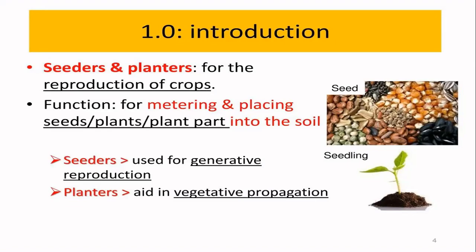Sometimes you have heard about cassava, manioc, or cassava cuttings. The stem is cut into several pieces and inserted in a proper manner. Normally, the bottom part should be inserted in the soil.